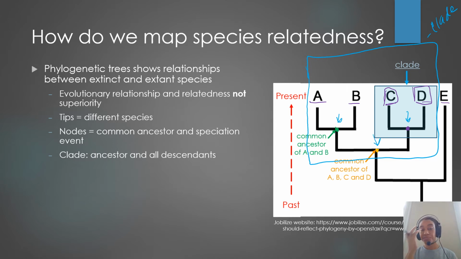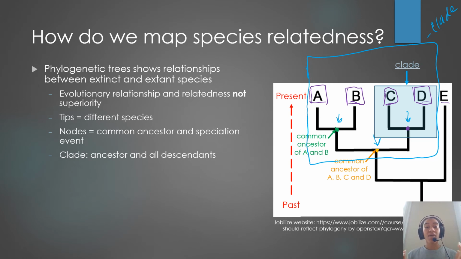Okay. Something to also note are sister groups. So sister groups are two groups that share a common ancestor and are most related to one another. So A and B in this case are sister groups to each other. They share a common ancestor, which is the species represented by that green dot there, and they're most closely related to one another.